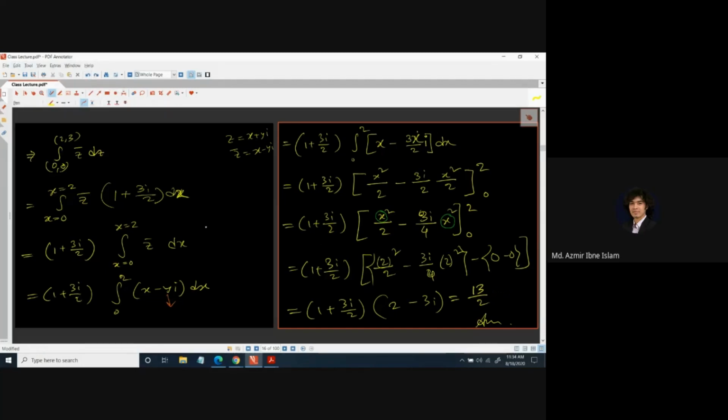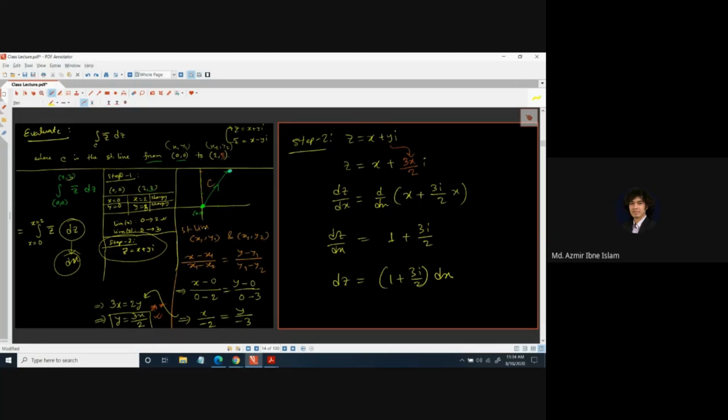Yes, sir. Okay, so we have worked with 3 different problems. The first problem is dealing with where x is changing. The second problem is where y is changing, and the third problem is where both x and y are changing.